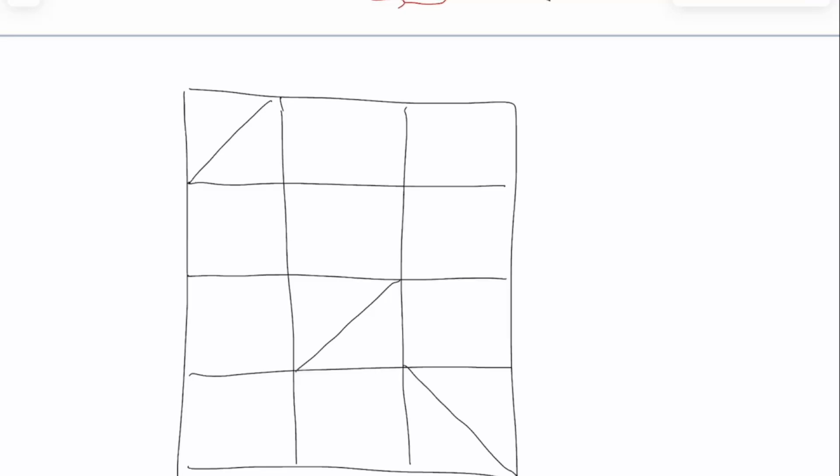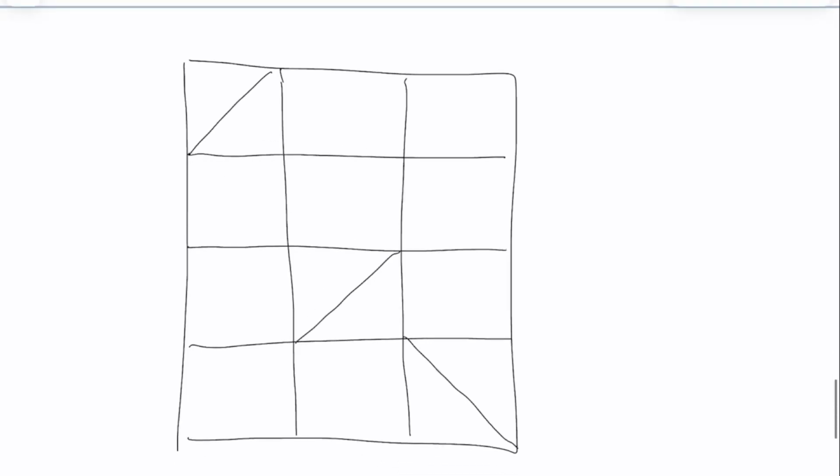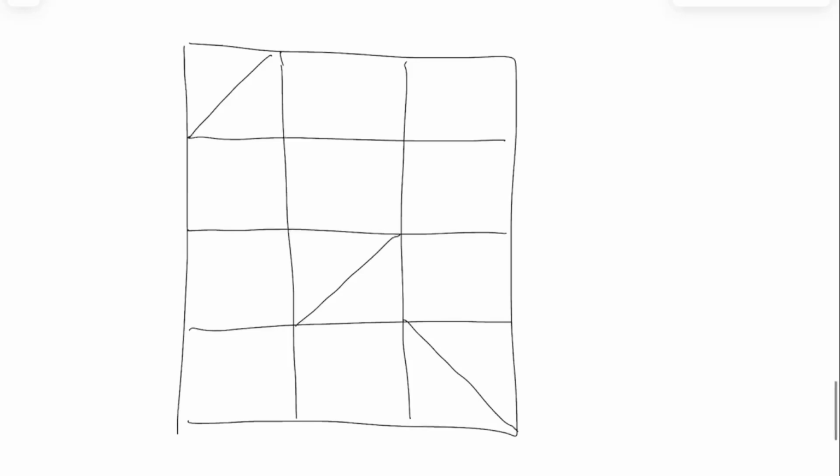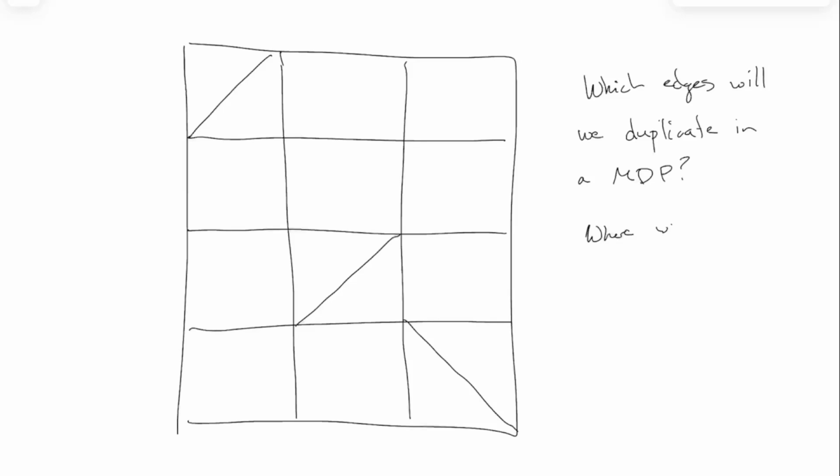So in this arrangement, I don't want to draw the minimum duplication path, but let's just decide which edges will we duplicate in a minimum duplication path, and also where will the start and end be.